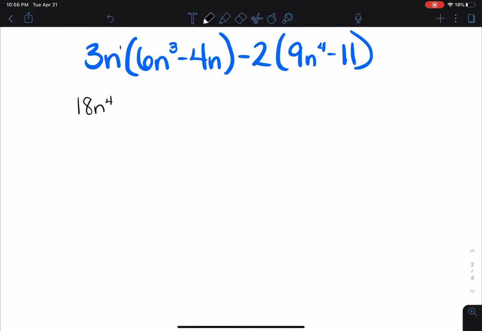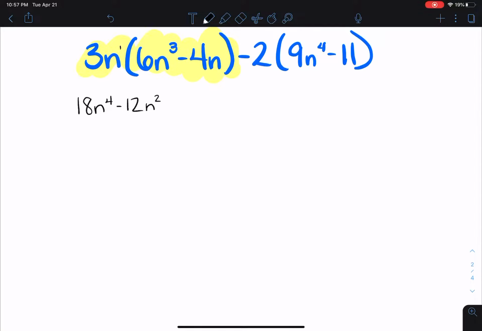Okay, 3n times negative 4n. 3n times negative 4 is negative 12. N times n is n squared. We're going to add the exponents. N to the first plus n to the first. We're going to add the 1 and the 1. So n squared. Okay, so this part is finished over here.